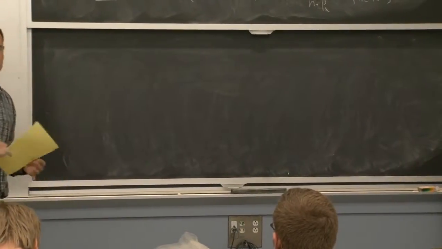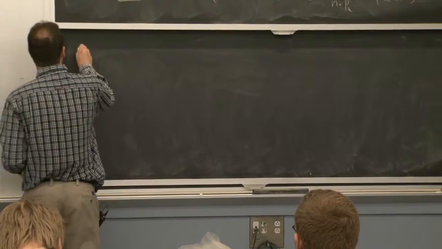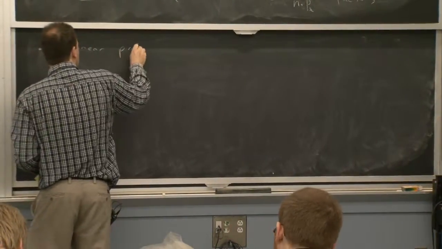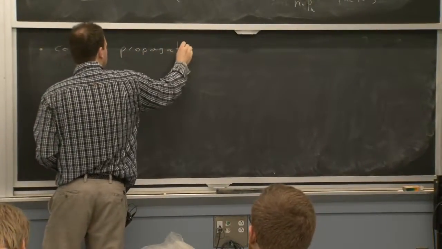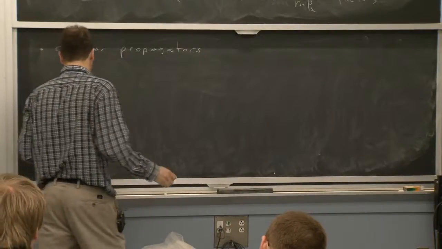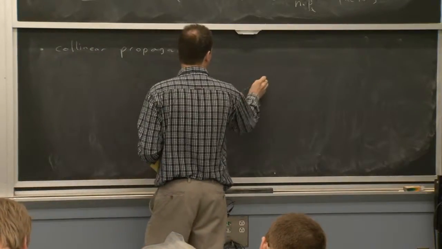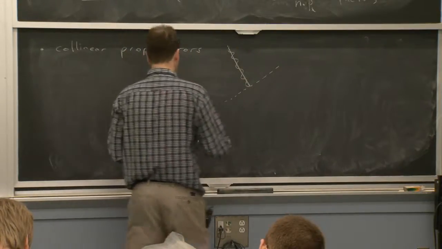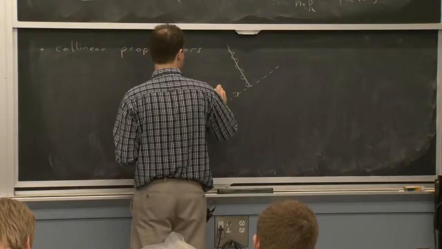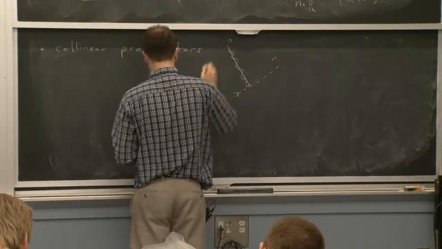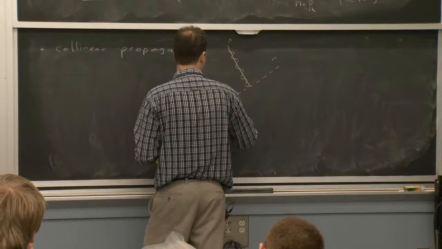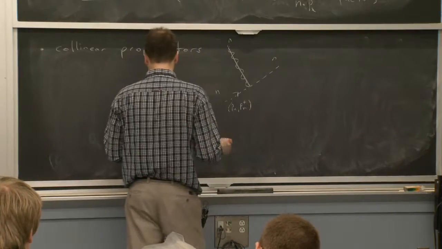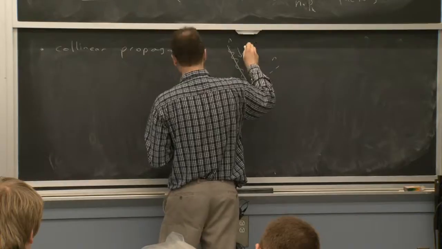Okay, let's see if this Lagrangian does what we want. Let's look at propagators. If we have a collinear propagator with a collinear gluon, say, coming in, let's look at this diagram. These are fields in the n direction. This is some momentum P_L, P_R, and let me just take it to be P_R plus for convenience.